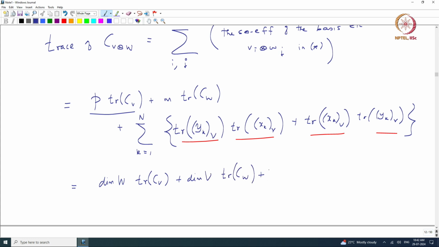Then the places 1 to n minus 1 will all vanish.